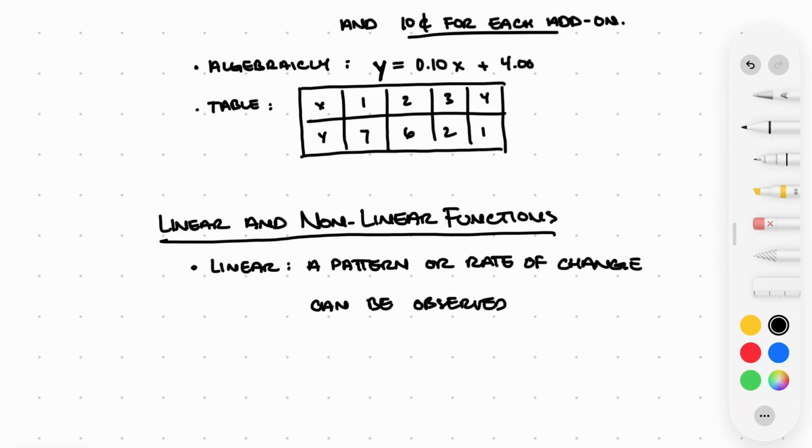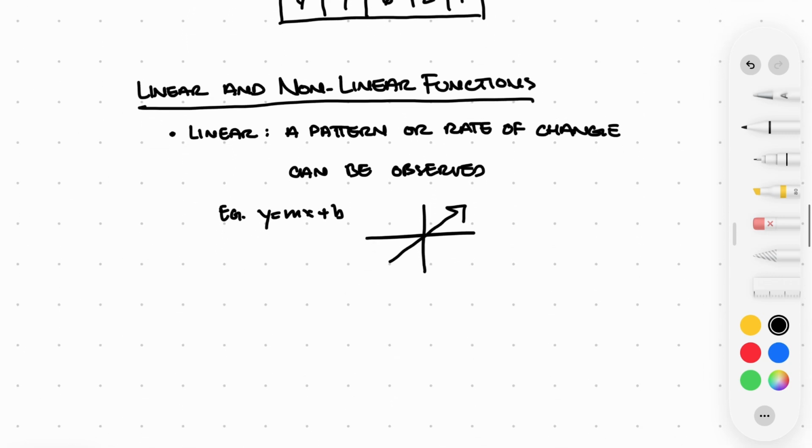So this is when you could use something like y equals mx plus b, because you could see that it will just go in a straight line. Like it will be very predictable. It's in a straight line. The more you get in the x-axis, the more you get in the y-axis, for example.